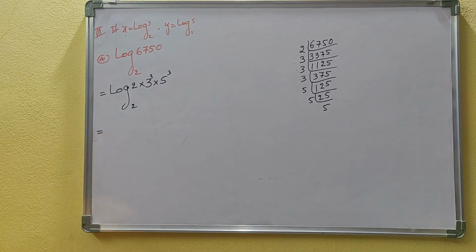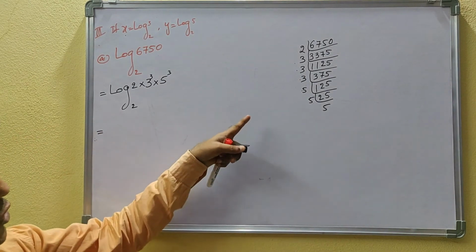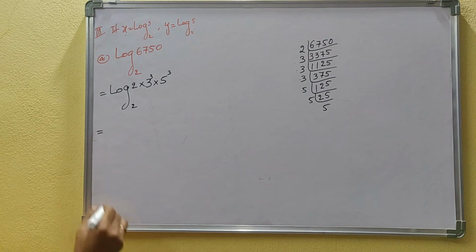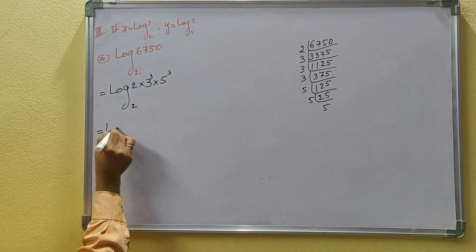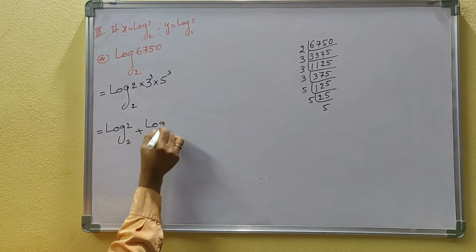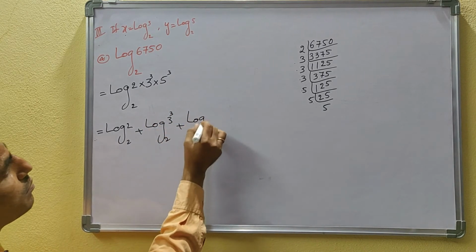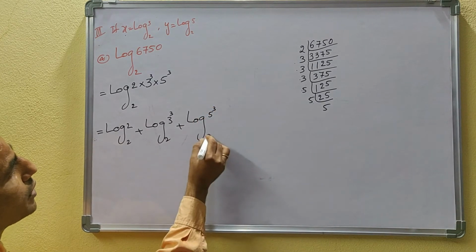So here 6750 can be written as 2 into 3 cube into 5 cube. So here log ABC formula: log A plus log B, that is 3 cube base 2, plus log C, that is 5 cube base 2.